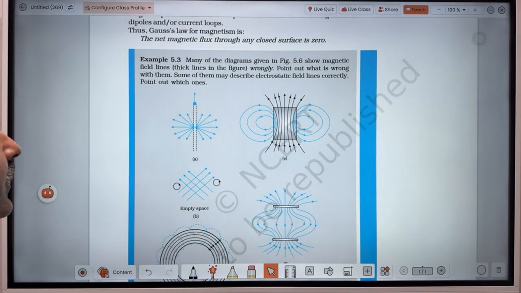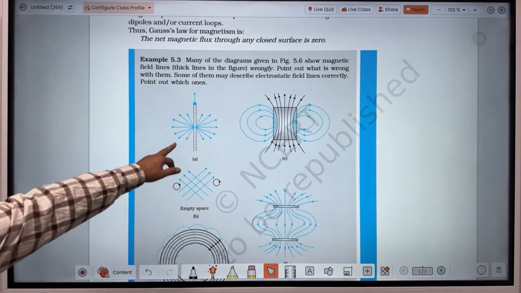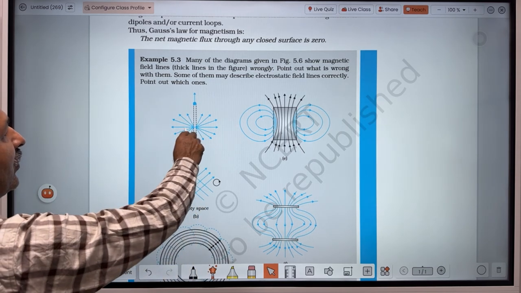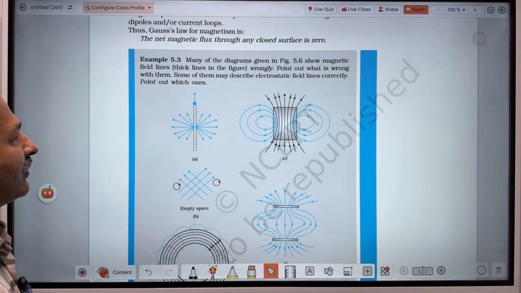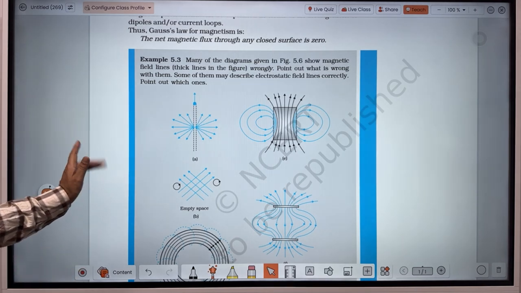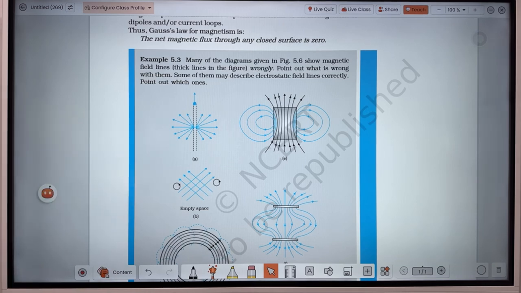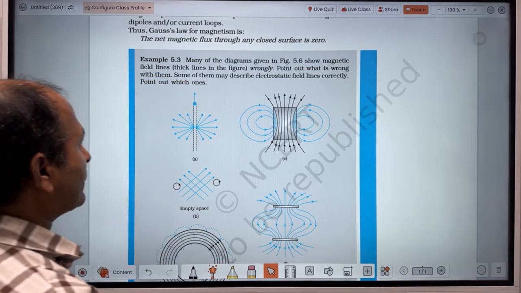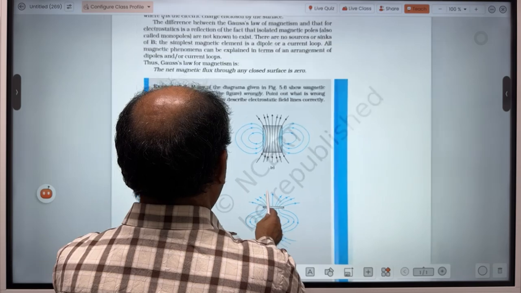So here, is it correct to say that this is the North Pole and all field lines are coming out? That is not possible. Where is the South Pole? That will be the question, because they form closed loops. So this is a wrong one.